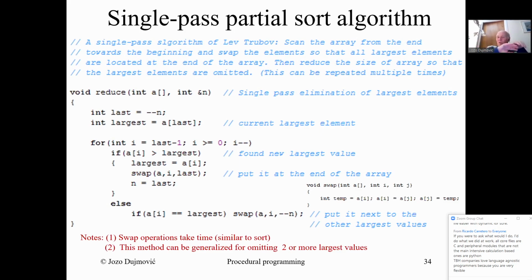So if you go through the array, when you find a big value, you put it at the end. And so when you finish, your three largest are at the end, and in front of that is everything without these three largest. And then obviously you cut the array and say this is the initial part, and that's what is done with one single pass. The algorithm is not simple to understand, and we are not going to read it here, but this is a challenge for those people who want to do that.